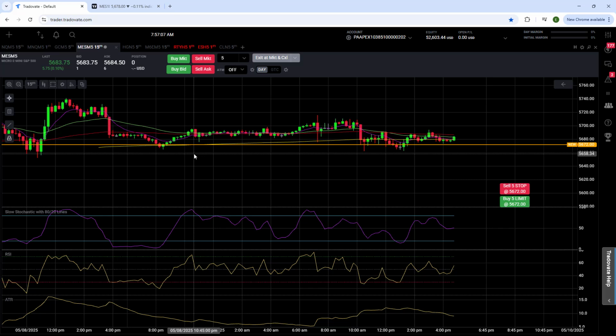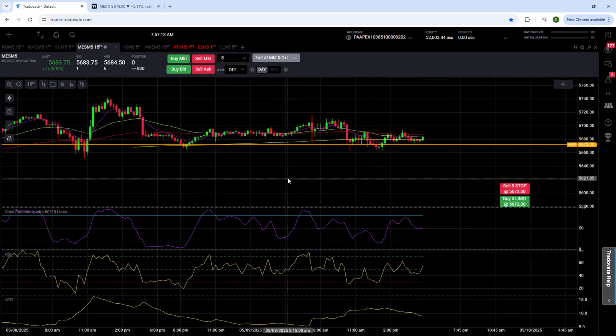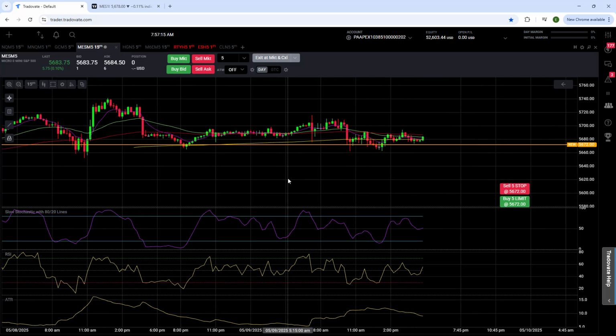What would my stop be? That's the biggest question. What would my stop be? Me personally, how I'm going to trade this, because I am going to trade this going forward. I have an account for this. I don't really know.